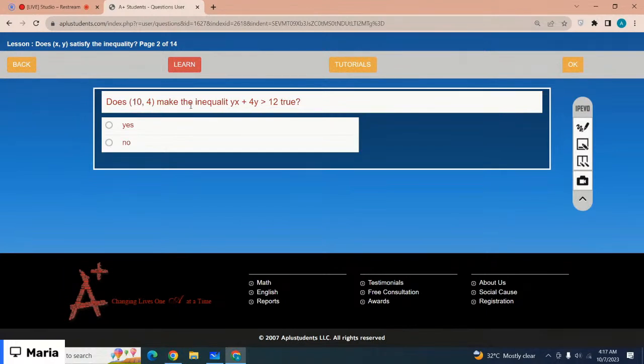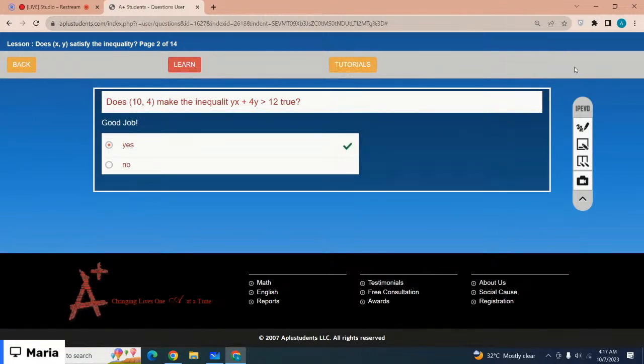Let's just put the point in the equation and see if it is the correct one. The correct option is it is true, right? Yes.